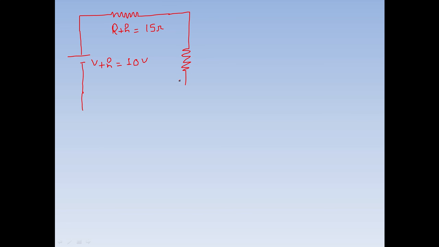The equivalent circuit consists of the Thevenin voltage VTH, equal to 10 volt, then RTH, which is again 15 ohm, and then a load resistance RL, given as 25 ohm, and then a load current IL.